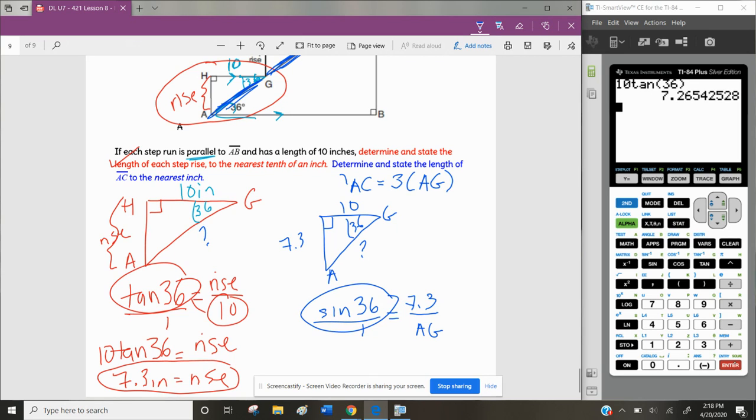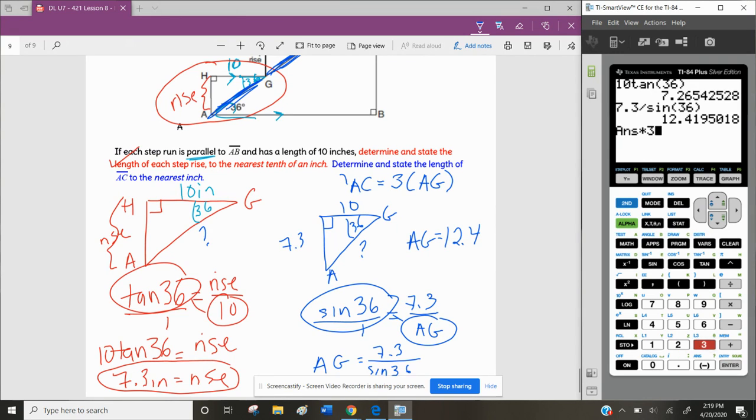And I'm going to swap these two, because if I solve through cross multiplication, they just switch places. And I'm going to go to my calculator. 7.3 divided by the sine of 36. And we get that AG is 12.4. And we're going to multiply that by 3. So AC is 37 inches.